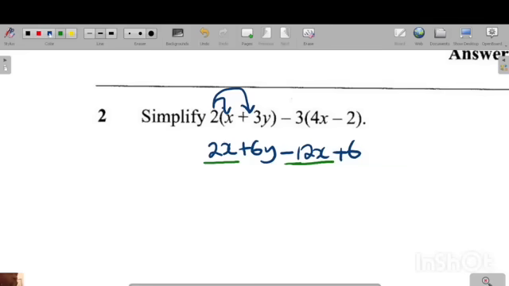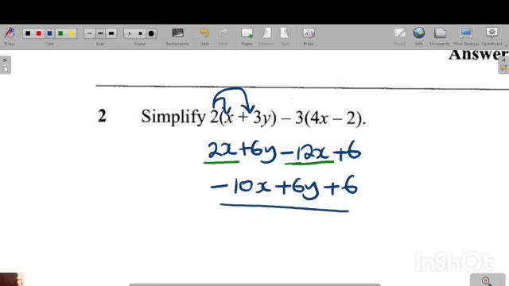So 2x minus 12x is negative 10x. Do we have any other like terms? No. So this term and this term are written as they are: plus 6y plus 6. So this is the answer.